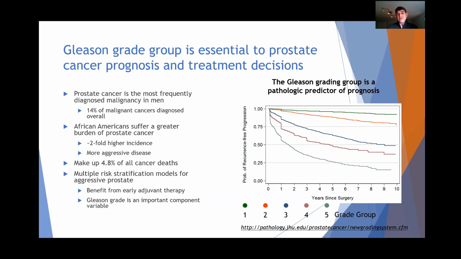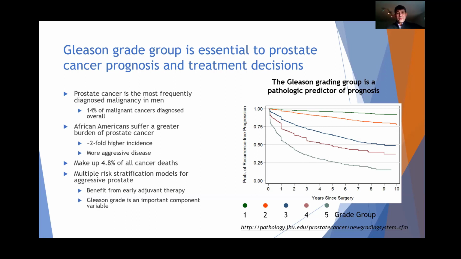So it's important to have stratification models to indicate who's at highest risk and lowest risk of developing more aggressive or recurrent disease. There are multiple risk stratification models that exist, and the Gleason grade group is an important component variable of all of them, as increasing group score is strongly associated with increased risk of disease recurrence.